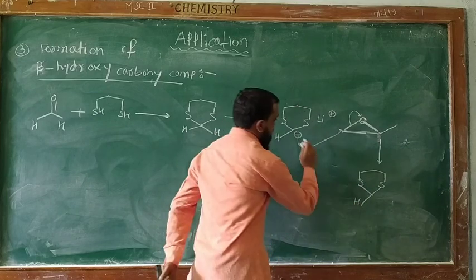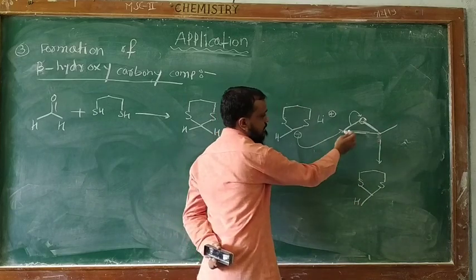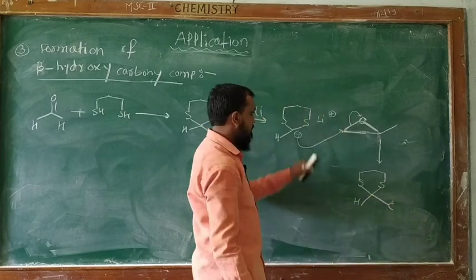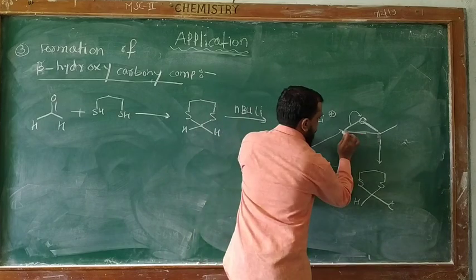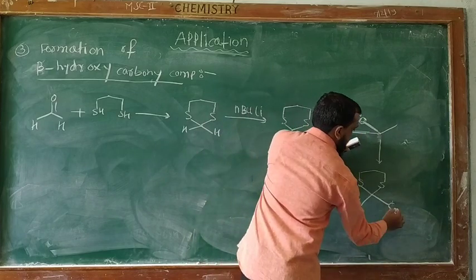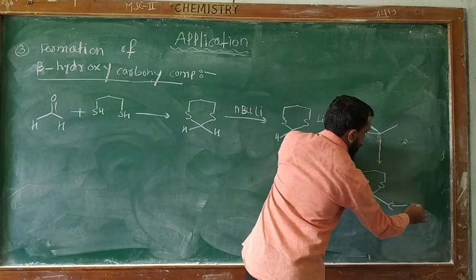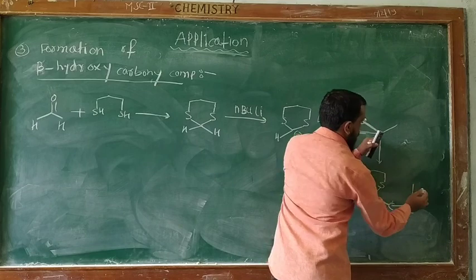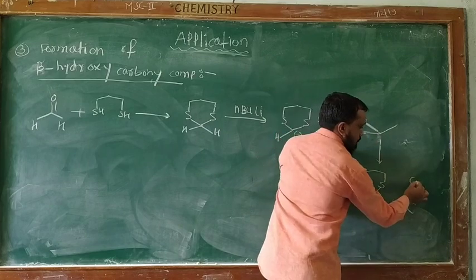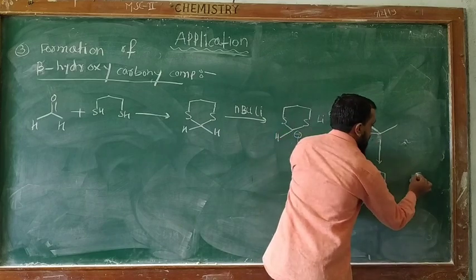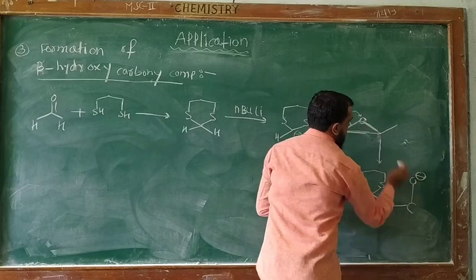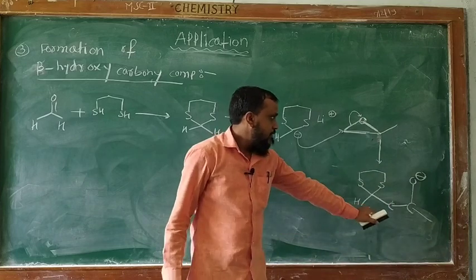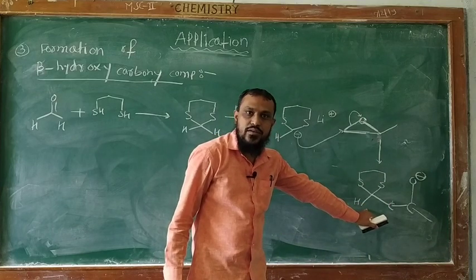Okay, this negative charge is bonded with this carbon atom, so here a new C-C bond will be generated. Okay, and this carbon is bonded with this carbon atom, and this carbon atom is bonded with this oxygen, and this bond shifted toward the oxygen. So oxygen bears a negative charge, and this carbon is bonded with this carbon. Okay, so we will generate this type of intermediate product.